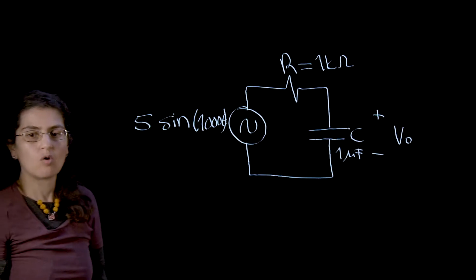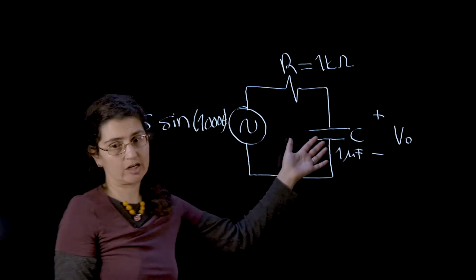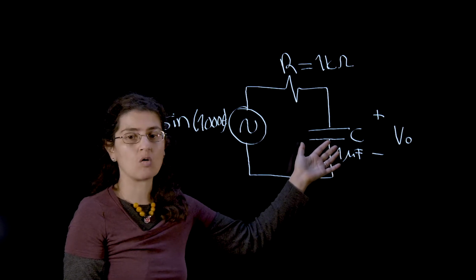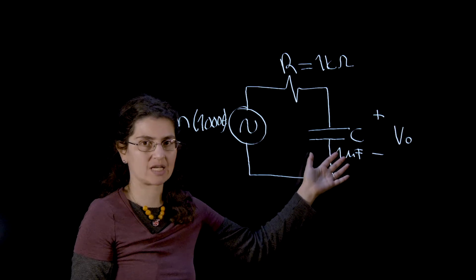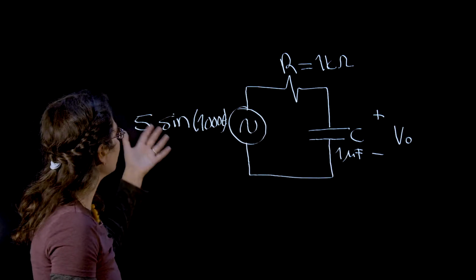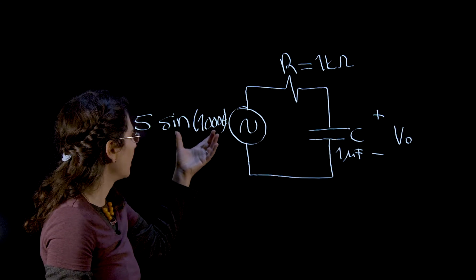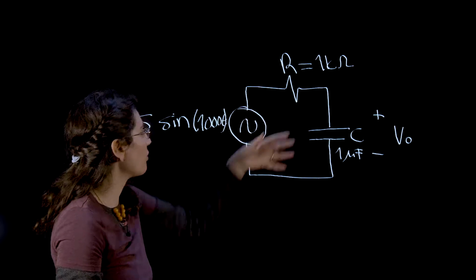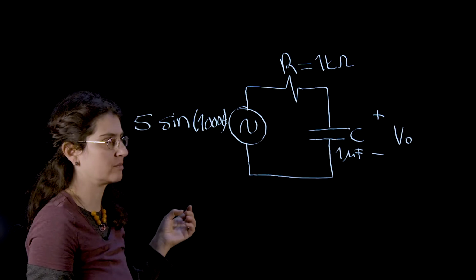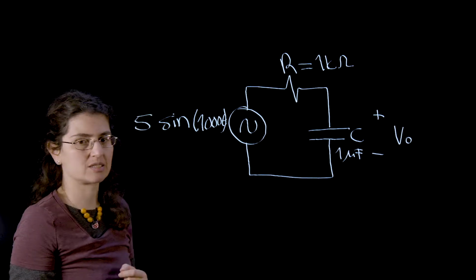So we have a circuit with a capacitor there. So we know immediately that we need the impedance of the capacitor. And we have a sine wave here, so we also need to put all our elements or quantities in phasor representation.